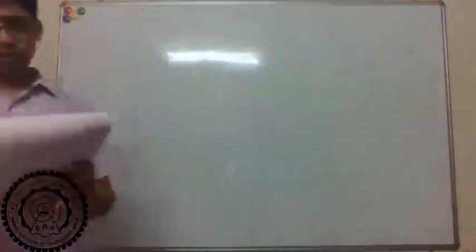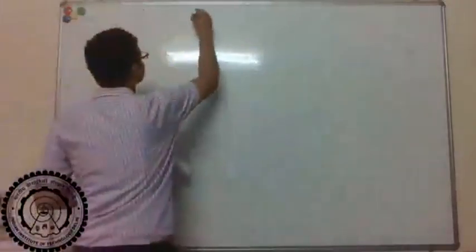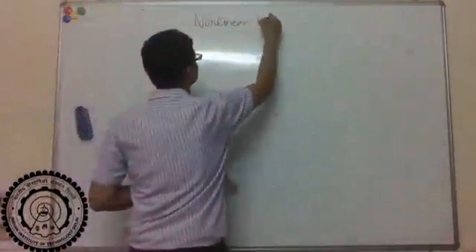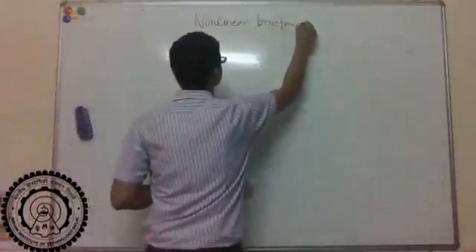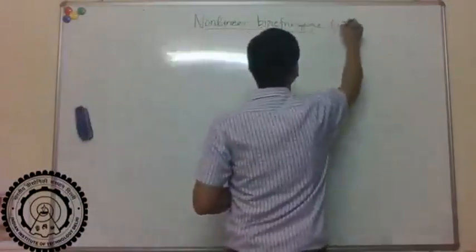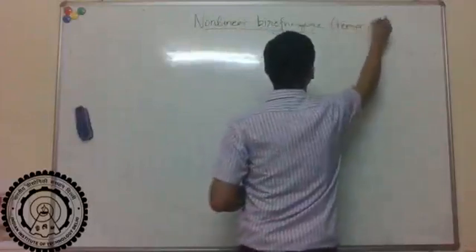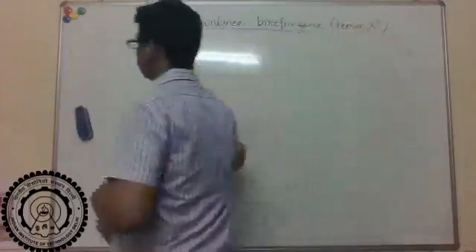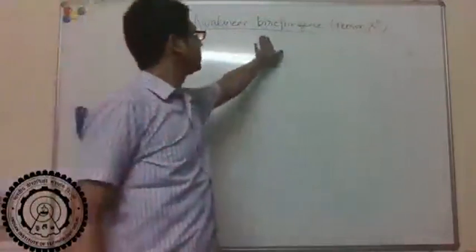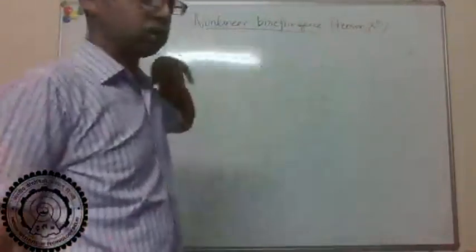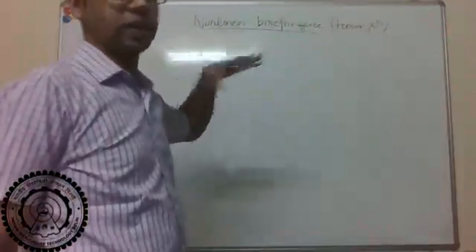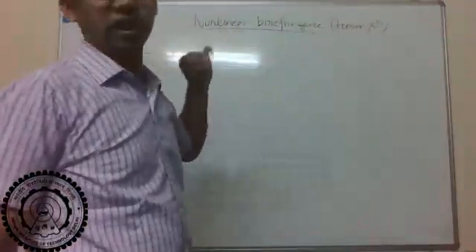Okay, so the next topic that we'll discuss is nonlinear birefringence. It is basically a consequence of the tensor nature of chi3. Typically, birefringence is the phenomenon of two different polarizations of the input wave experiencing different refractive indices.